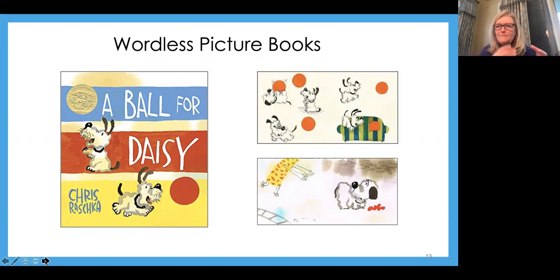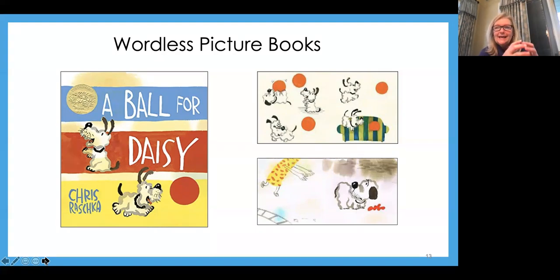So it's a fun vocabulary word for them to think about, how can we infer using a book with no words? Looking at the pictures and making those inferences about what you think is happening can be a really fun way to introduce that word.